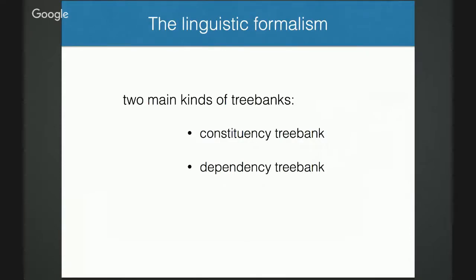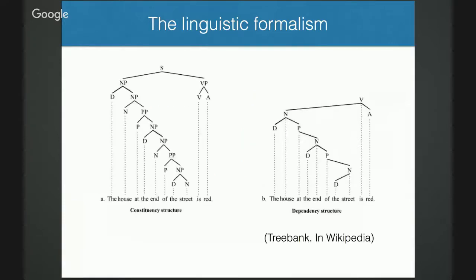So I was saying that there are two different kinds of treebanks, constituency treebanks and dependency treebanks. I have so far just shown examples from a dependency treebank. Again, the concepts here are complex. I just want you to know that there exist different kinds of treebanks.